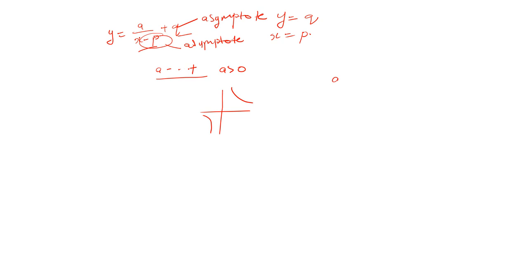If a is less than 0, the graph will be in the second quadrant and the fourth quadrant. This graph has asymptotes, and the graph will never touch the asymptote, but it will approach, it does not touch.